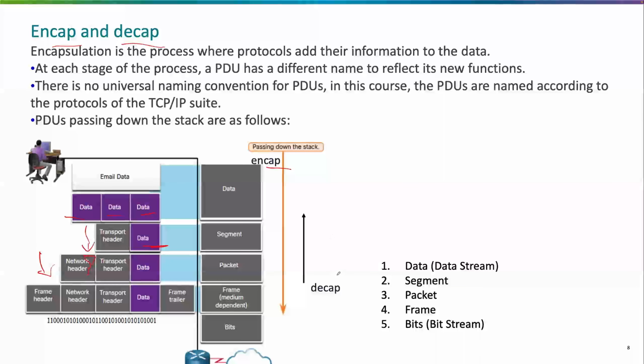Decapsulation is the reverse operation, so it works from the bottom to the top. Bits come in, and we decapsulate the bits and analyze them, get rid of the headers, extract the real data and send it to the upper layer.